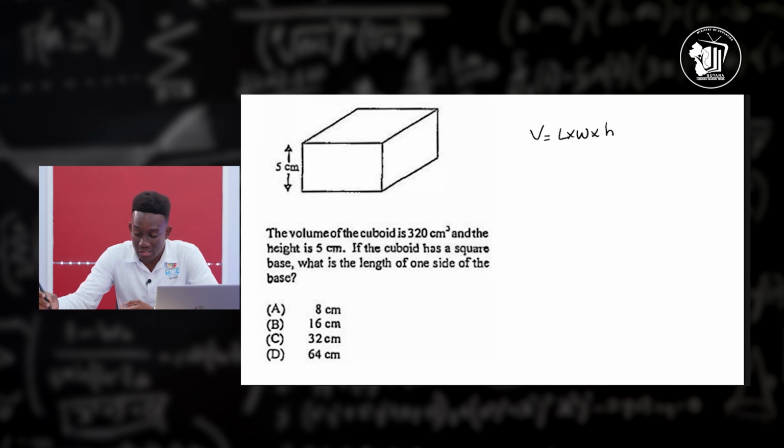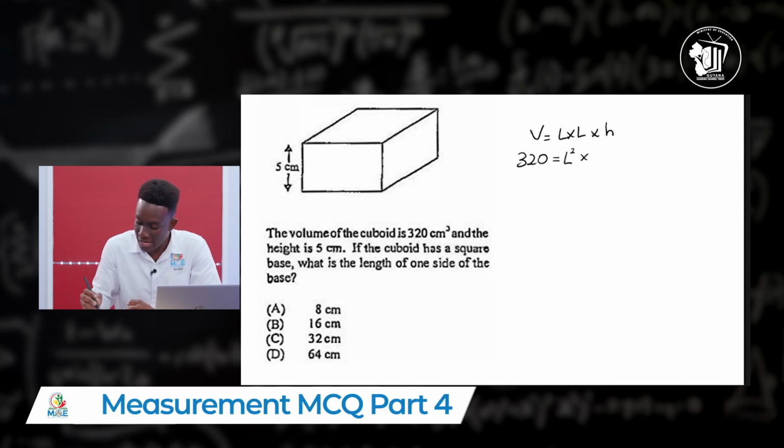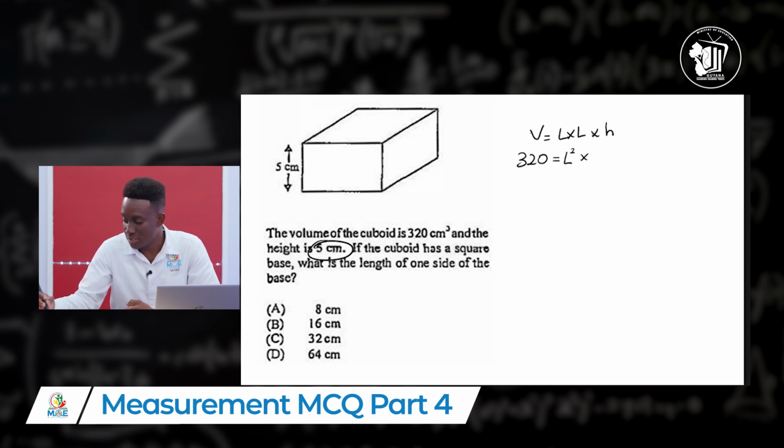In this case, it told us that the base is a square. So we can say instead of length times width, we can say length times length. So they told us that the volume is 320. So 320 is equal to length squared multiplied by the height, which they told us is 5 cm. So this 5 is multiplied. When we take it over, we'll divide.